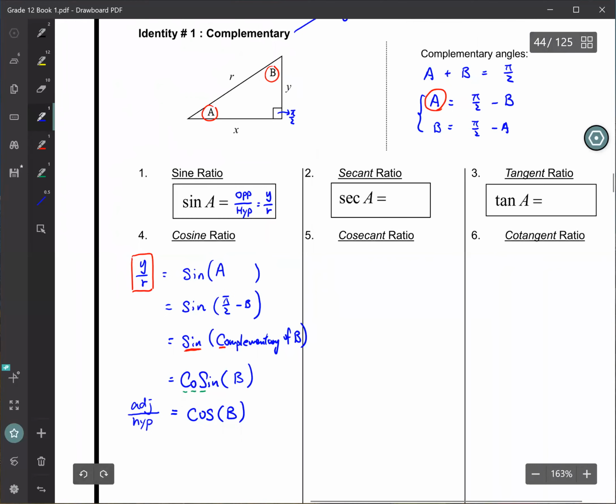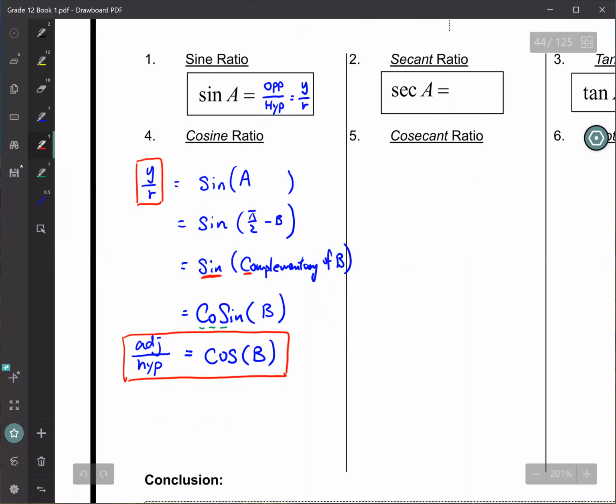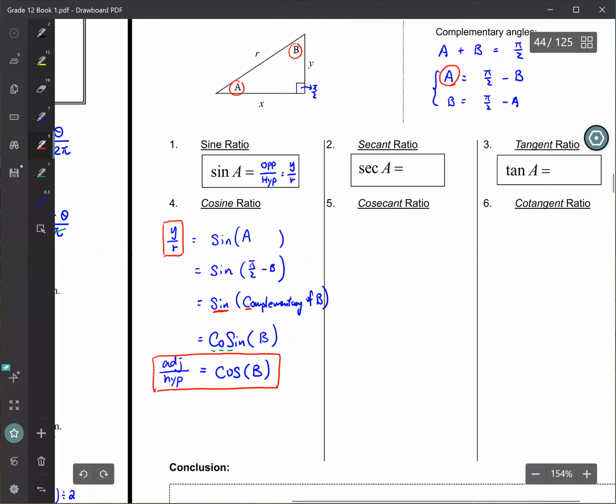For sine A, it's opposite over hypotenuse. Cosine B will be adjacent over hypotenuse. So here we have a rule. That's why they ask you to memorize it as CAH. So that's where adjacent over hypotenuse comes from, because you're looking from a different angle.